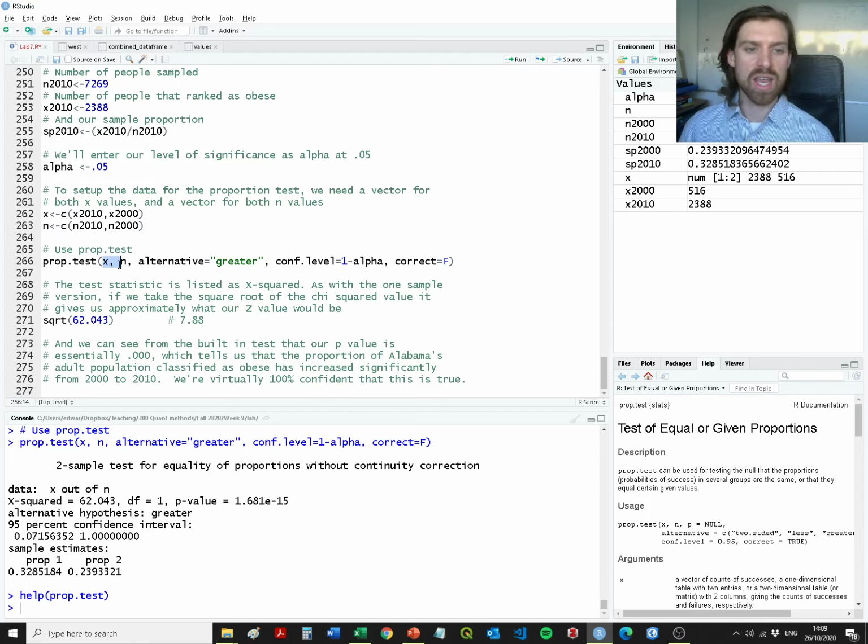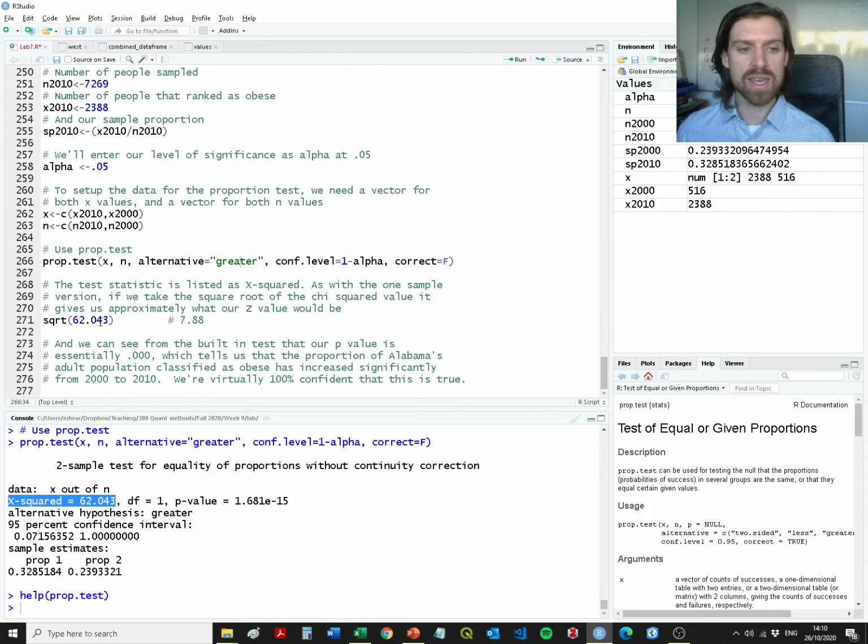So we're placing in the x and the n vectors, we're focusing on the greater proportion, we're giving the confidence level, and essentially what we end up with is a chi-squared value, which we will cover later in the term. We're going to be covering chi-squared as its own specific test.